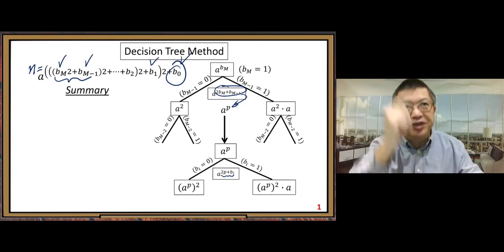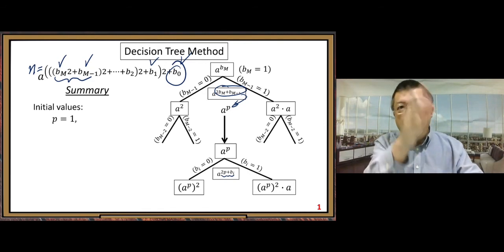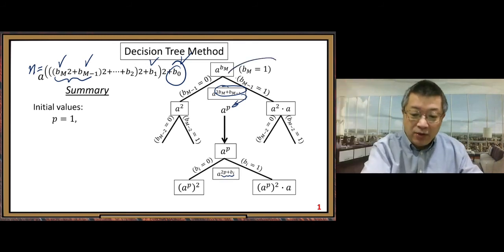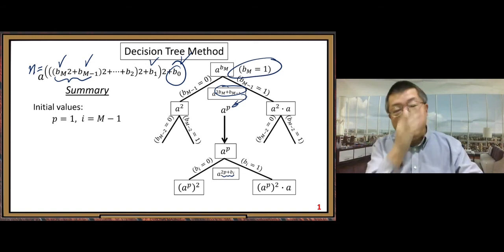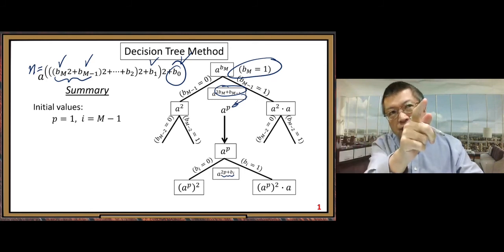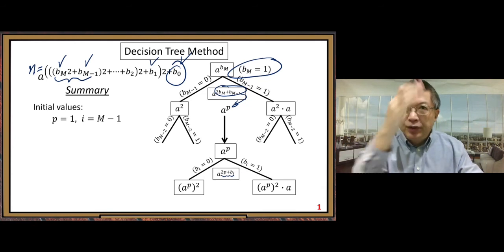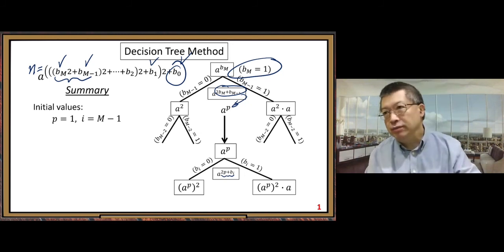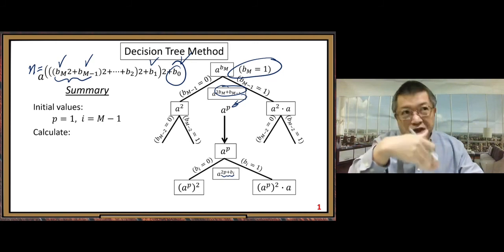Iteration by iteration, when we start, we set the initial value p equals 1, corresponding to b_n equal to 1. At that time, i equals n minus 1, because the first b_i we need tells us which branch to go. So that's b_(n-1).